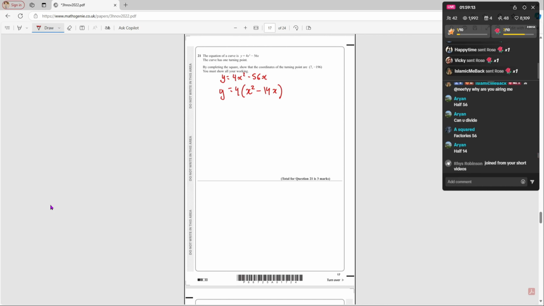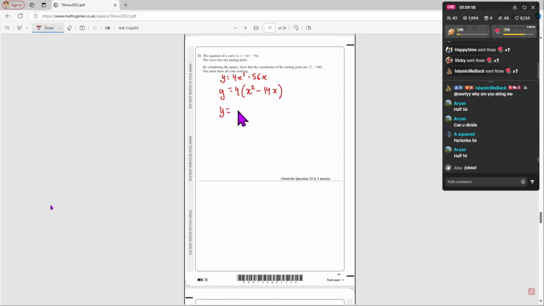When we half 14, it's going to become y is equal to 4, and then a bracket, x minus 7 squared, and then what is going to be our next number after our bracket? It's not going to be plus 49. It's going to be the opposite. Remember, whenever you're completing the square, it's going to be minus 49.